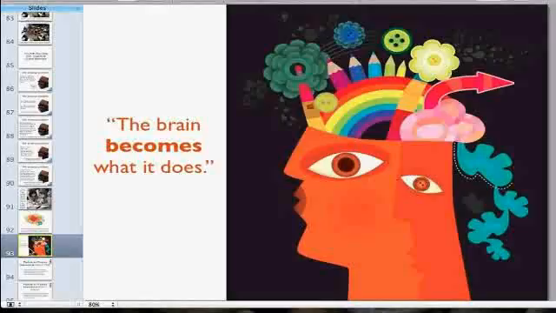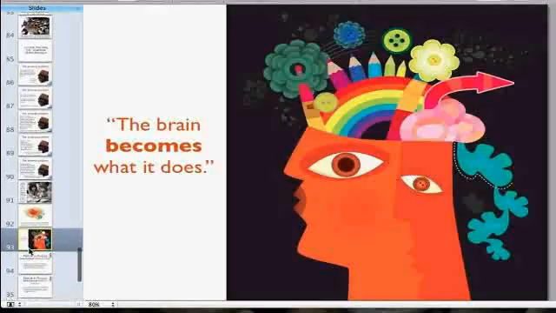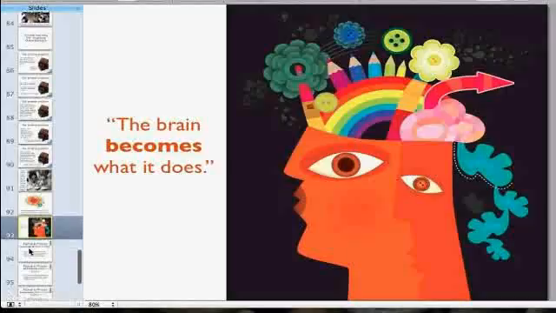So in thinking about the different kinds of shifts we need to make in instruction, these kinds of challenging real-world problems we might be able to help kids solve will create a generation of kids that can help our world become a better place.